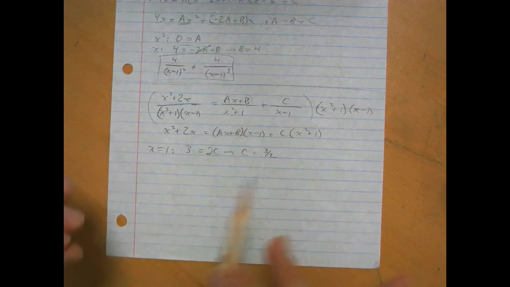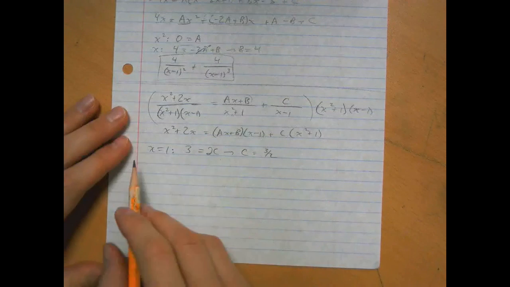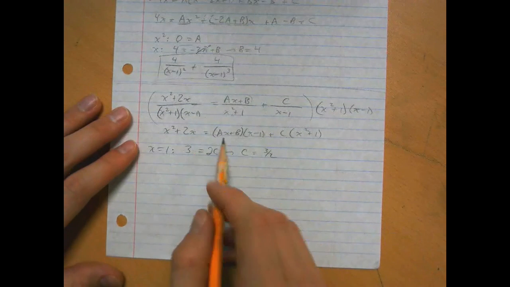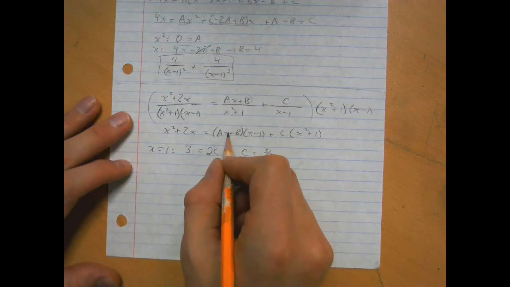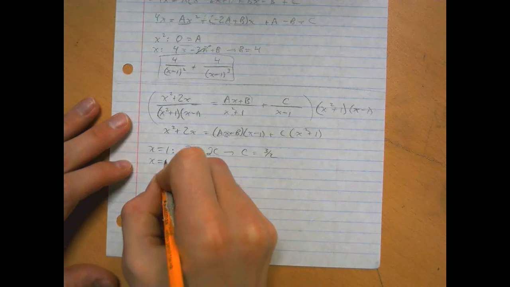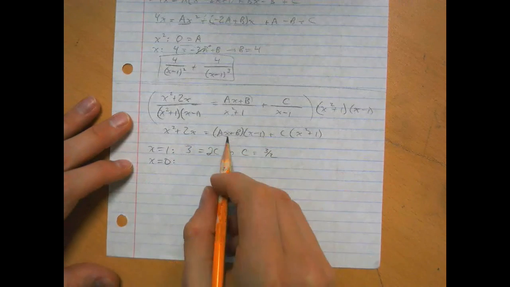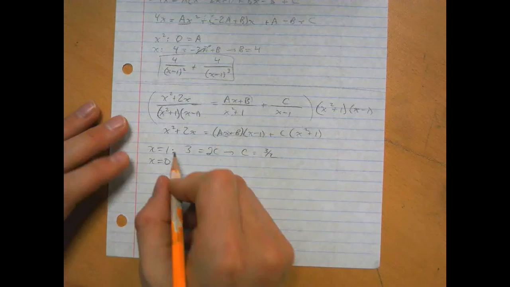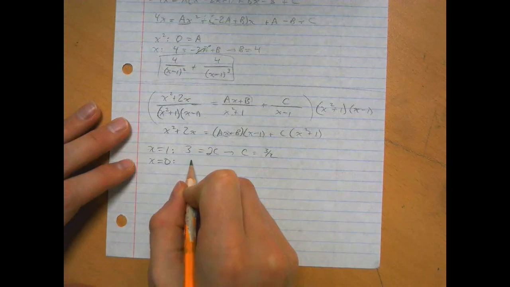Now, we can pick any x value we want. So you could plug in x equals 5 and x equals 7, and you'd get a system of equations that you could solve. But we can make this a little bit easier on ourselves. Notice that a is multiplied by x in here. So if we plug in x equals 0, that's going to get rid of a, and we already know c, so it'll let us solve for b. So if we plug in x equals 0, the left side is 0.